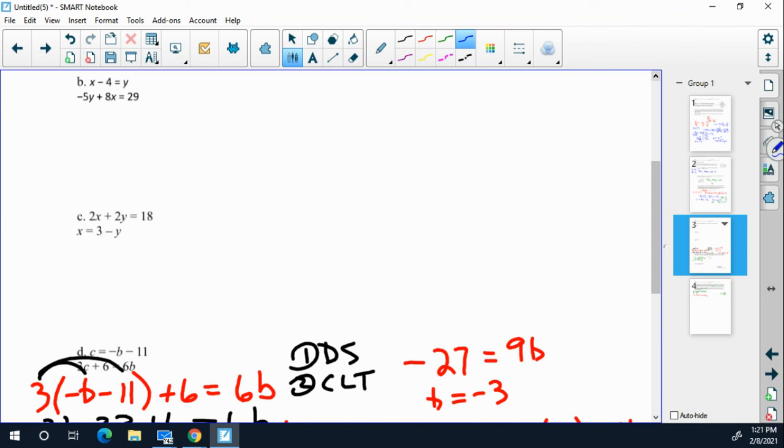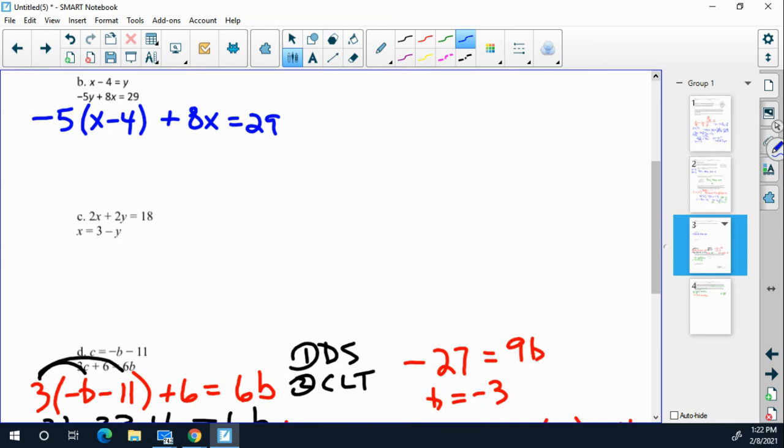All right, so here Y is, see this one's in opposite order. You're going to put parentheses, X minus 4, and you have a negative out in front with that 5. Now, make sure you don't forget something like that 29 at the end.